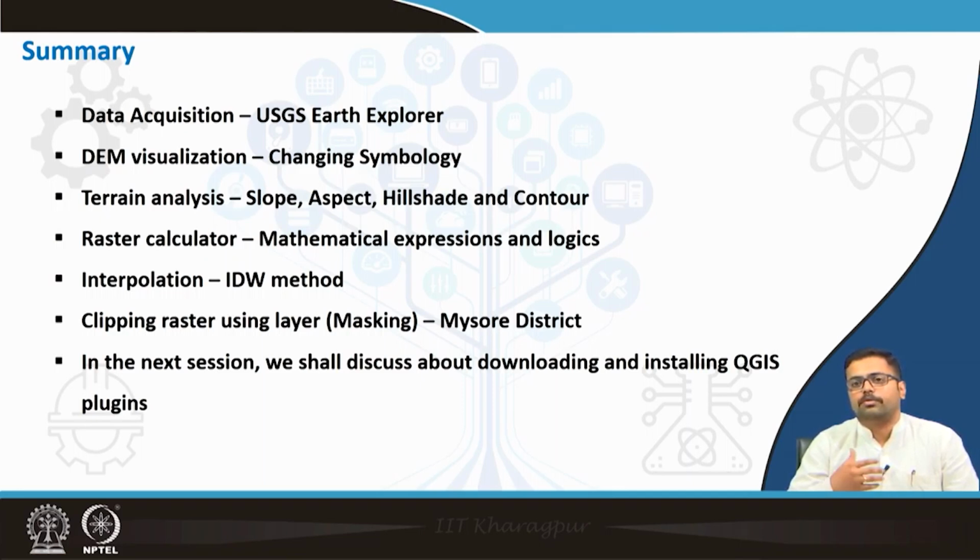You can explore contour by clicking on the processing toolbox, and we then saw raster calculator. We saw what all the mathematical expressions that can be given, followed by interpolation for Mysore district and rainfall values, that is the point values, how to interpolate with IDW method and getting that as a raster layer.